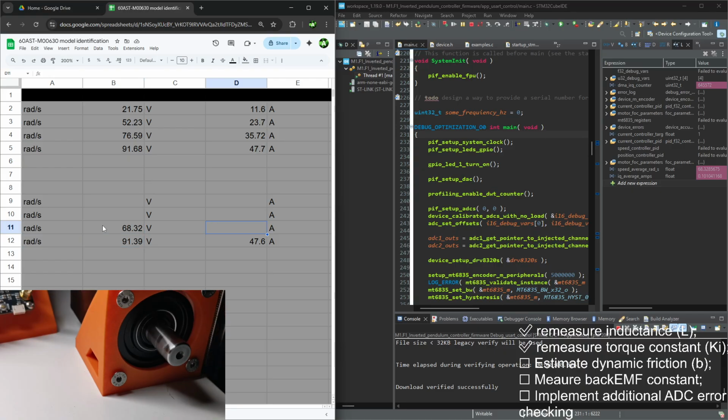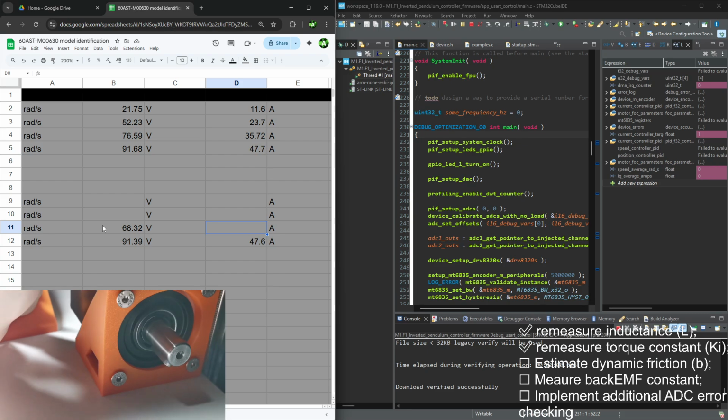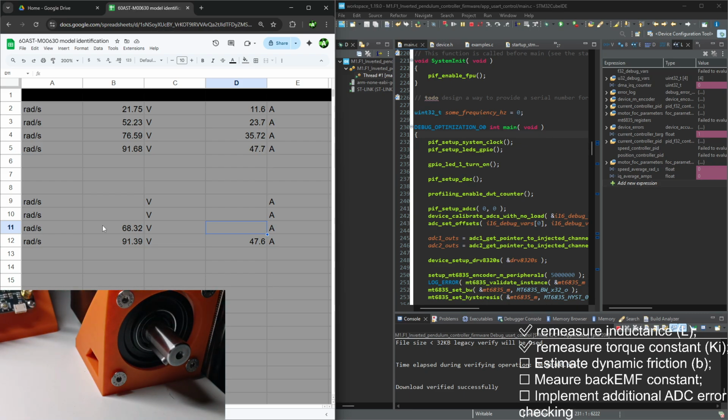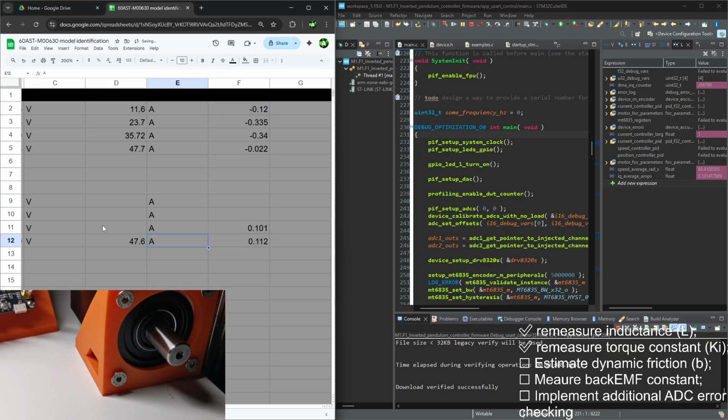Okay. Let me actually restart it manually and let's see if it will change. Not by a lot. Okay, so our current is 0.101. Right, proper rounding. Let's measure the voltage.